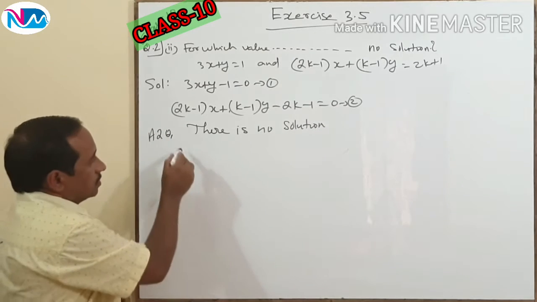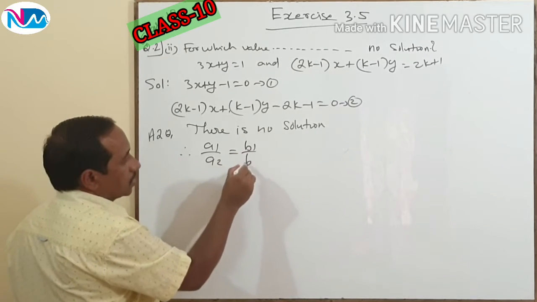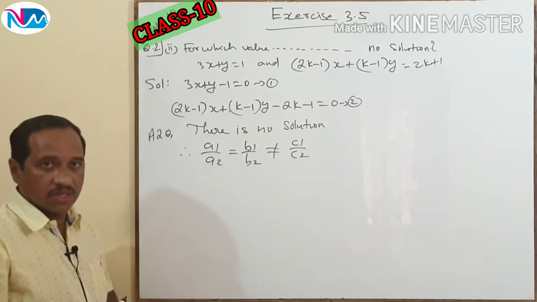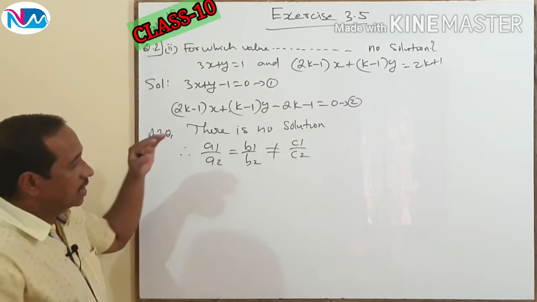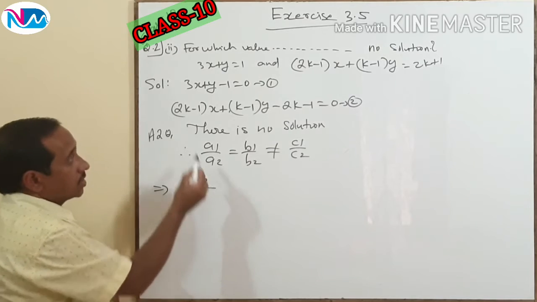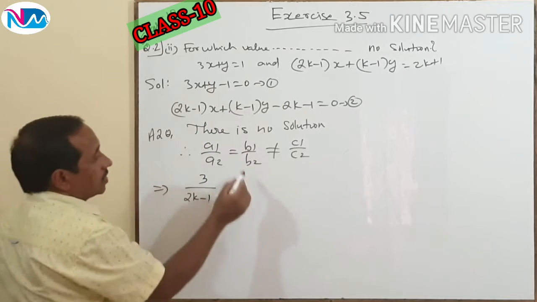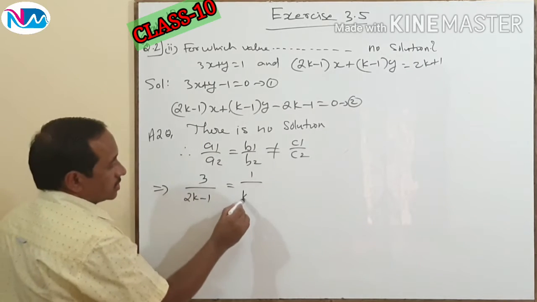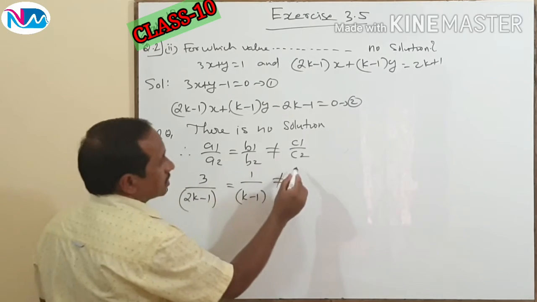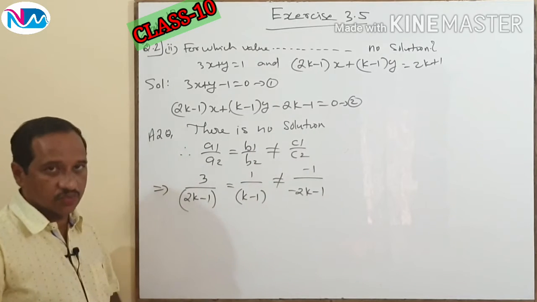Therefore a1 by a2 is equal to b1 by b2 is not equal to c1 by c2. Substituting, we get 3 by 2k minus 1 is equal to 1 by k minus 1 is not equal to minus 1 by minus 2k minus 1.